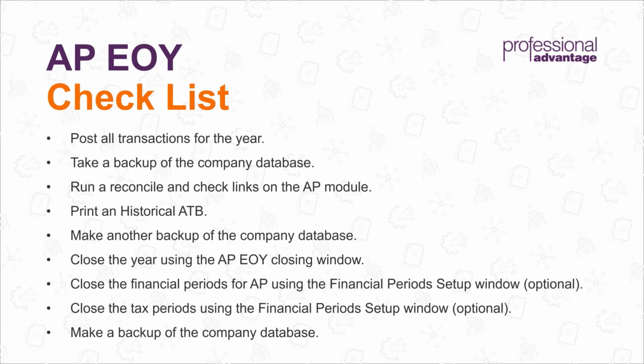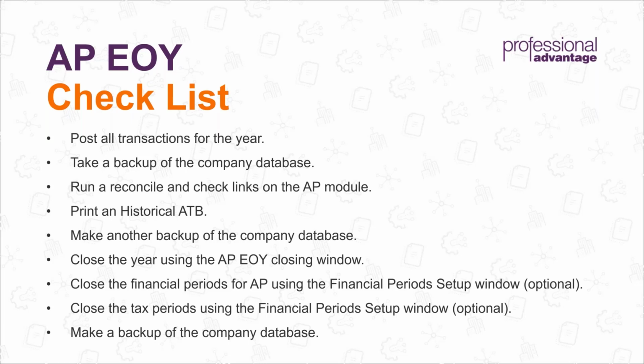Saying things like, you need to make sure all transactions for the closing financial year are posted. And then you need to make a backup of the company database. And also, again, run the reconcile and check links on the AP module. Now, always review the error log report if there is one after the check links.